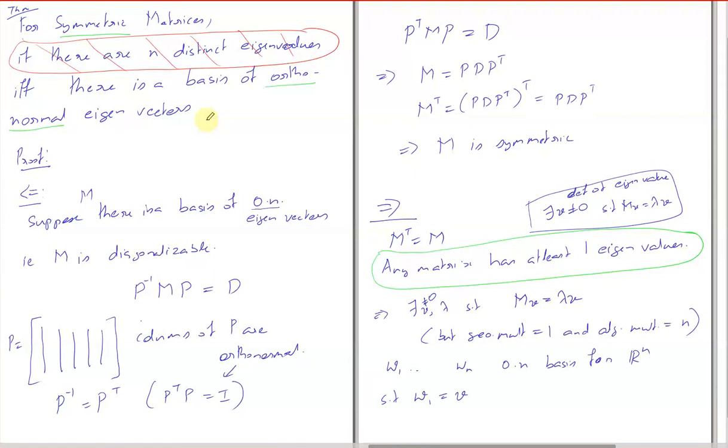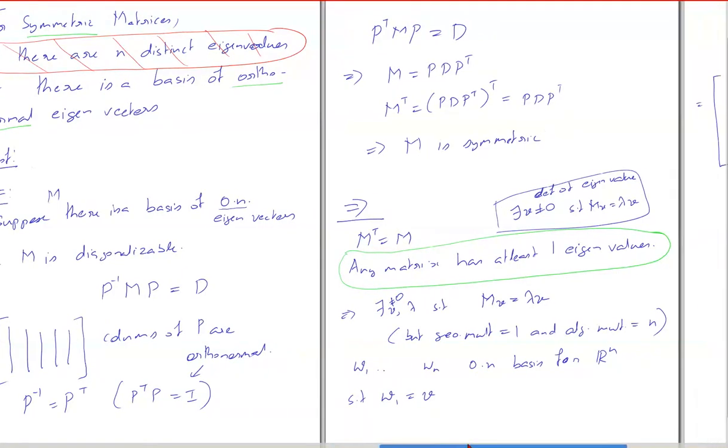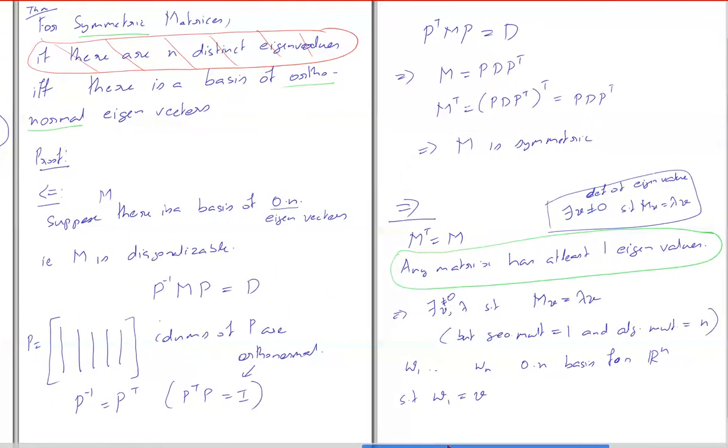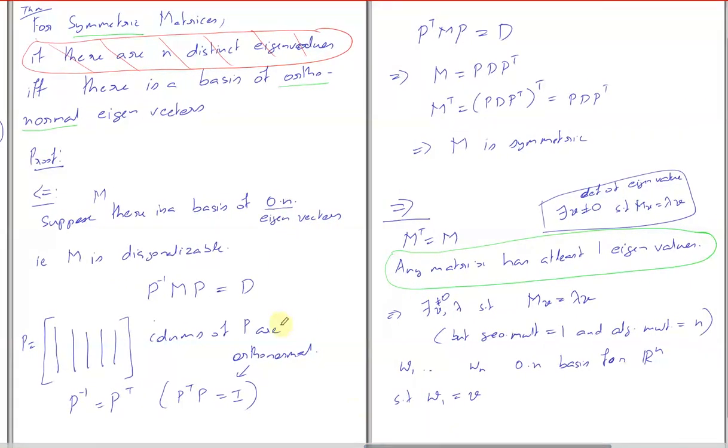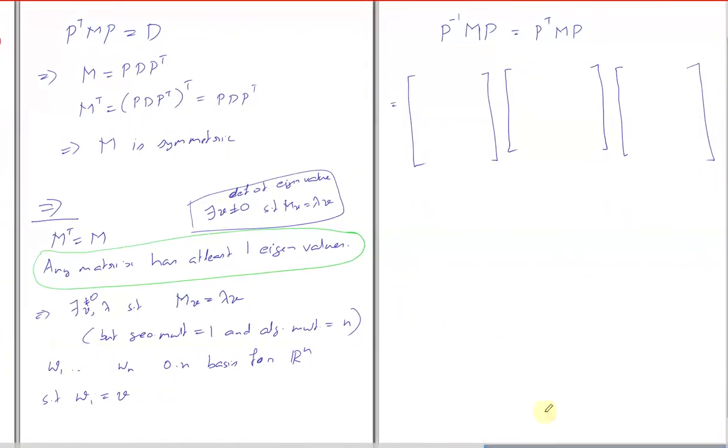Sir, I have a doubt. In the proof of this first part, on the previous page, we write M transpose equals P D P transpose whole transpose, which equals P D P transpose. So there shouldn't be D transpose also.